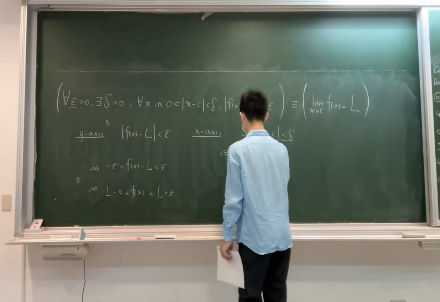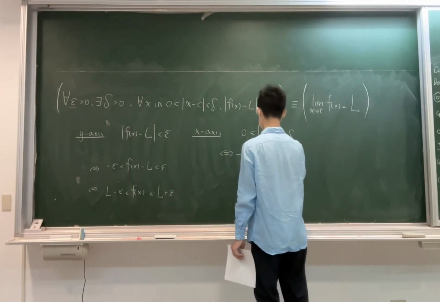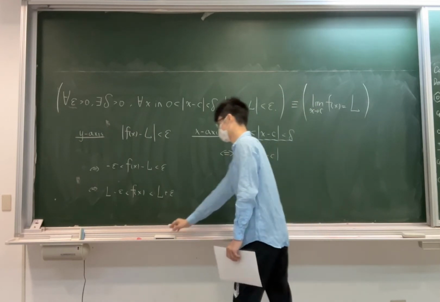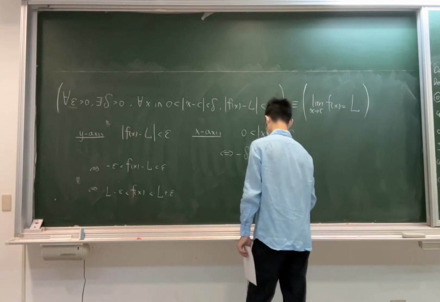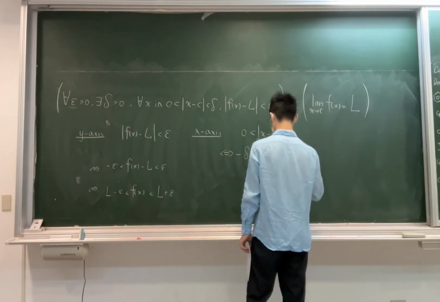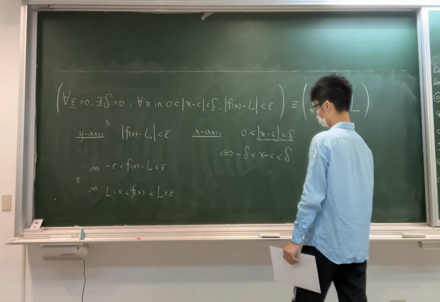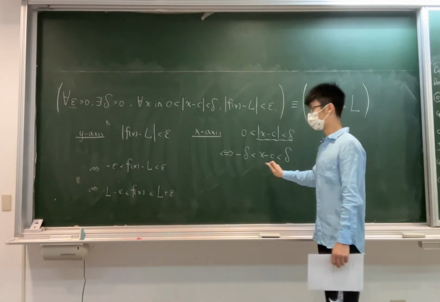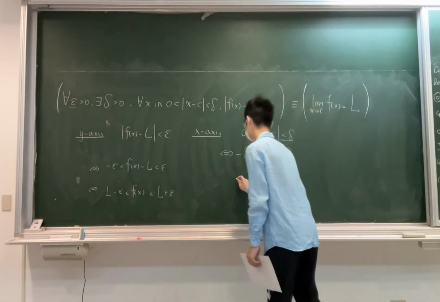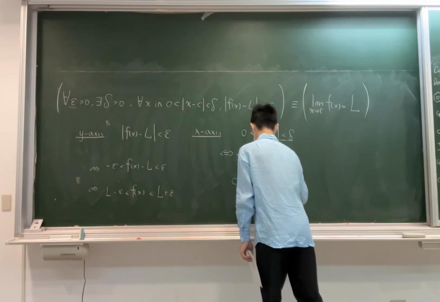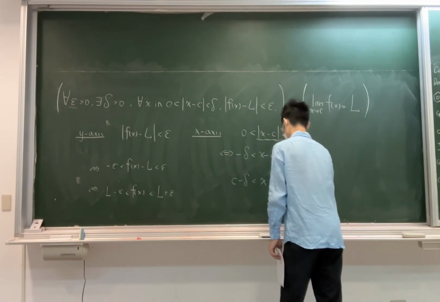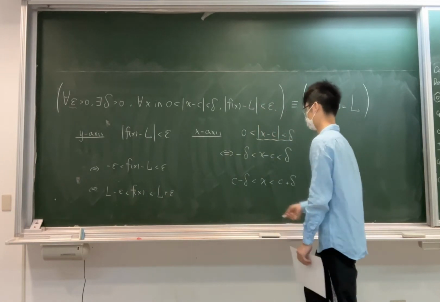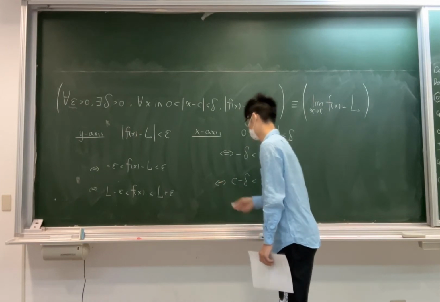So we have minus delta less than x minus c, less than delta. Then we add plus c in 3 parts, okay? So c minus delta less than x, less than c plus delta. These 3 are equivalent.